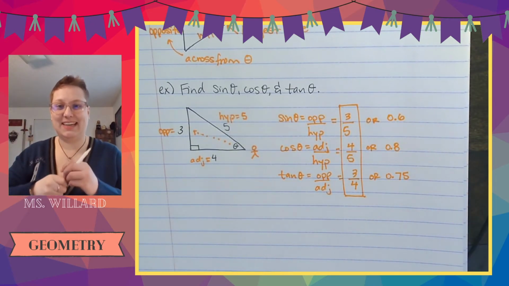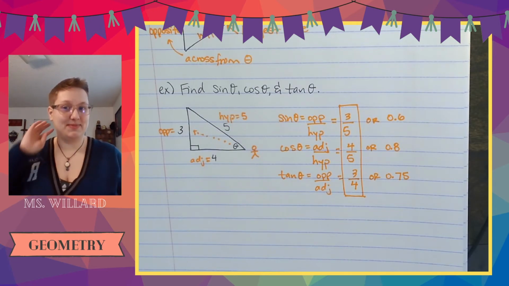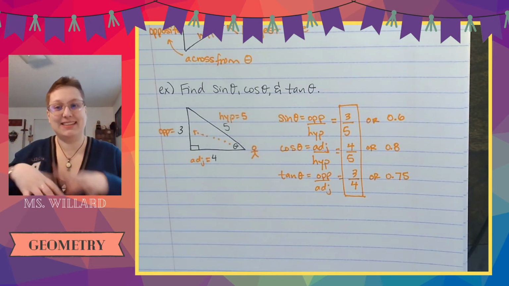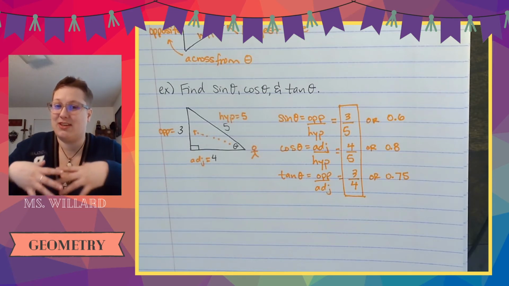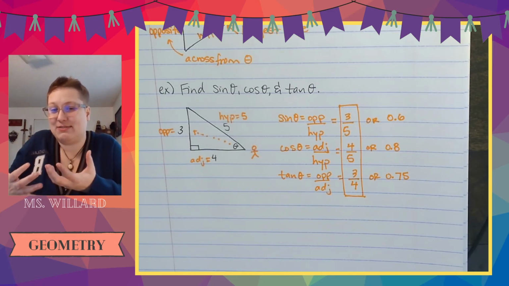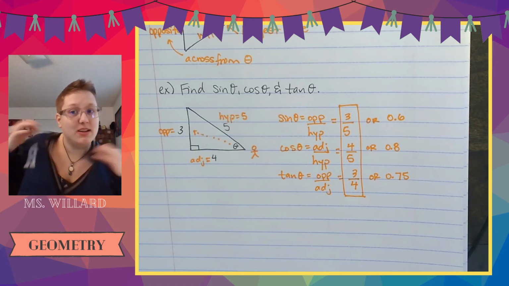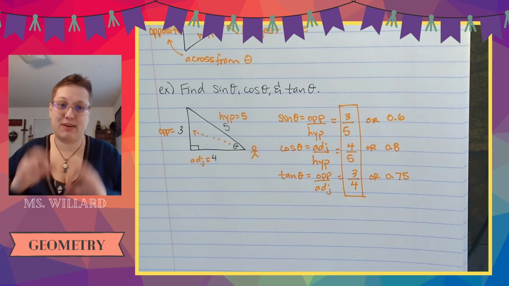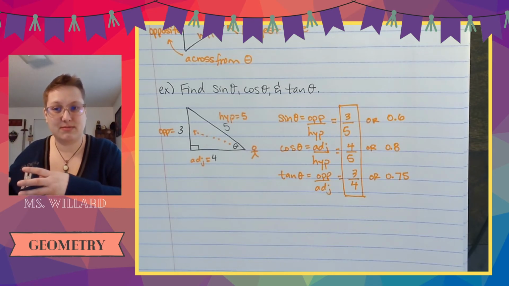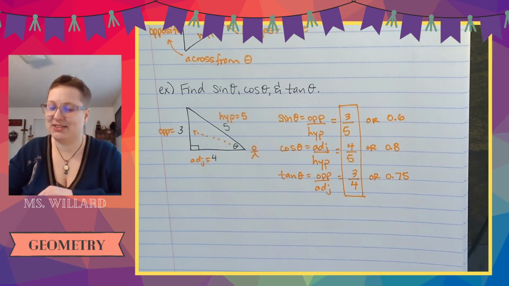Okay, now I know you're wondering why are we doing this. Today, this lesson, all I want you to do is be able to identify sine, cosine, and tangent. But the very next lesson, this same week, we're going to use sine, cosine, tangent to find missing sides. Next week is missing angles. Sorry.